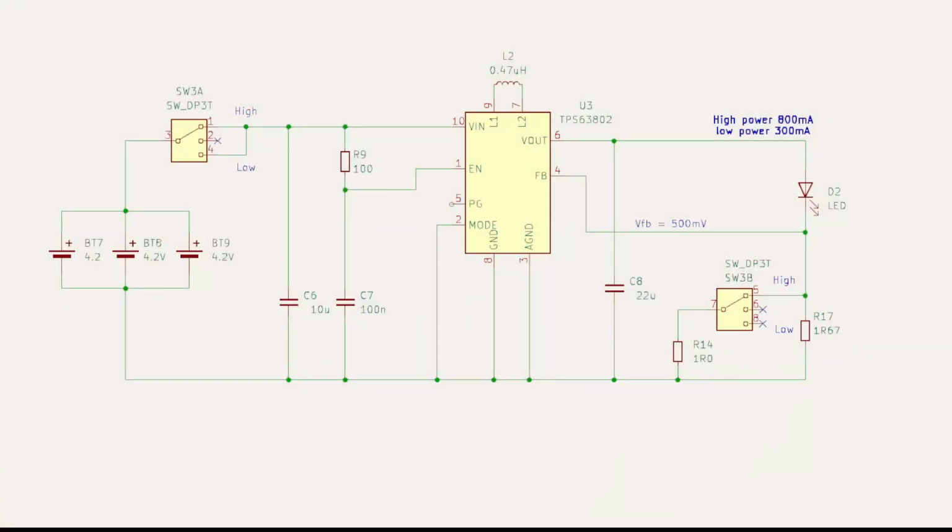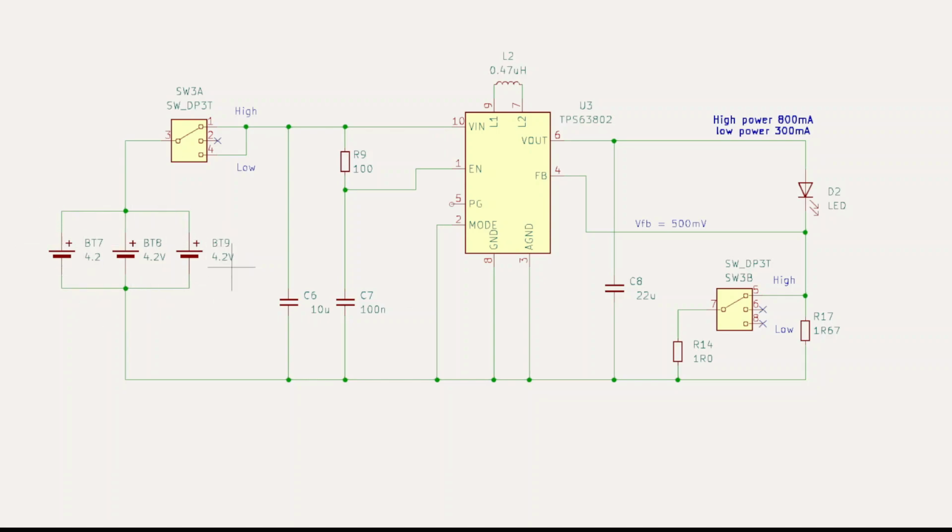Now this circuit is like the hardware take two, and the idea is to use a buck boost converter to drive the LEDs. The TPS63802 is designed to run off lithium batteries, so its input range matches a single lithium battery, whereas I'm going to have 3 of them in parallel.